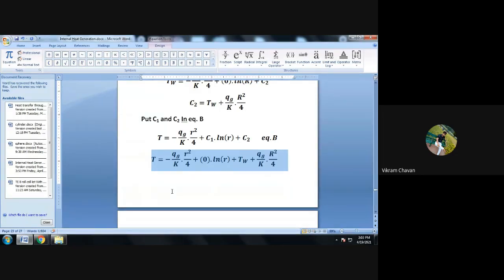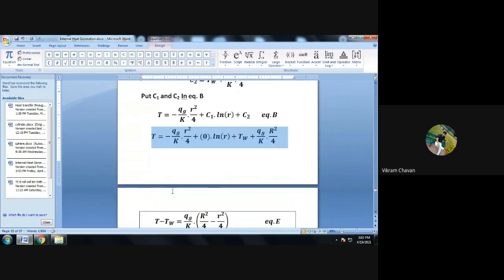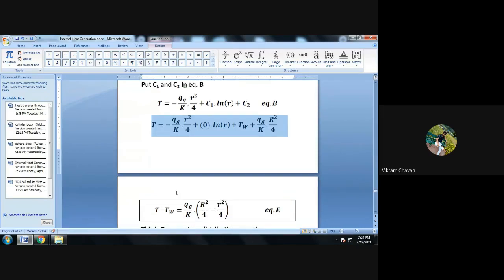Now convert this equation into the form of a temperature distribution equation. Just the remaining part is we have to rearrange the terms.